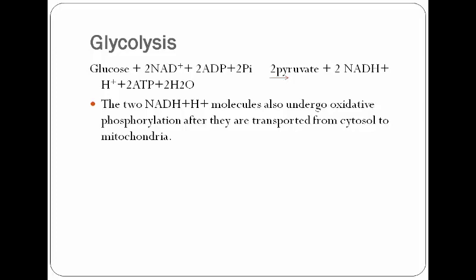We can also represent the overall mechanism in equation form: 1 glucose, 2 NAD, 2 ADP, and 2 phosphate groups are utilized, producing 2 pyruvate molecules with 2 NADH, 2 ATP and 2 water molecules, and those 2 NADH further produce 6 ATP.